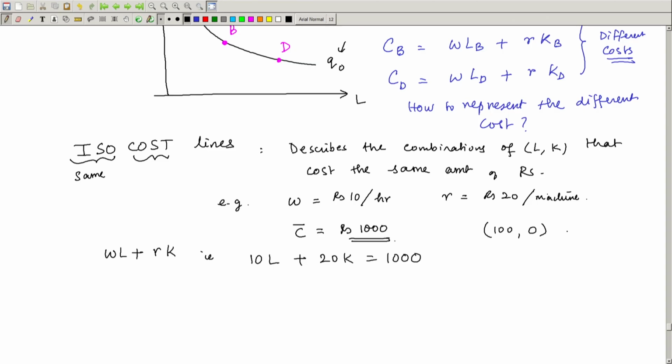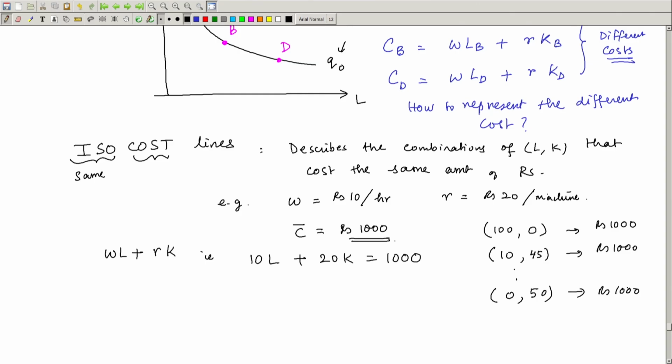So that's a combination which is going to cost me rupees 1000. Alternatively, I use 10 units of labor, which is going to cost me 100 rupees, and then I use 45 units of capital, that's going to cost me 900 rupees, that's also going to cost me 1000 rupees. So that's a bundle that's available. Similarly, I could have 0 units of labor and essentially have 50 units of capital, that's also going to cost me 1000 rupees.